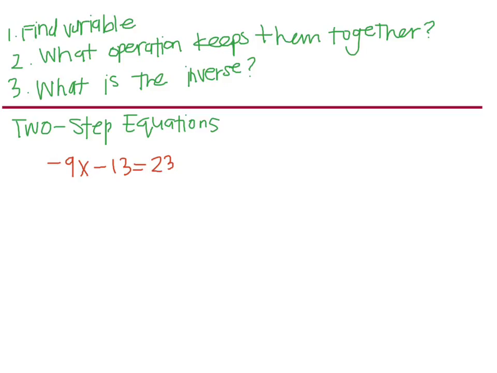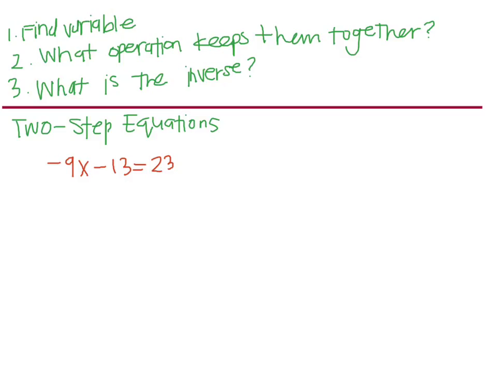So I notice right here, I have my variable, and I have multiplication that's keeping it with the 9. I also have subtraction that's keeping it right here with the 13. Since I'm going opposite the order of operations, I'm going to start here with this negative 13, or the minus 13, and get rid of it.